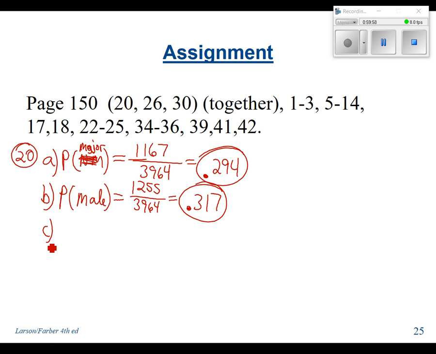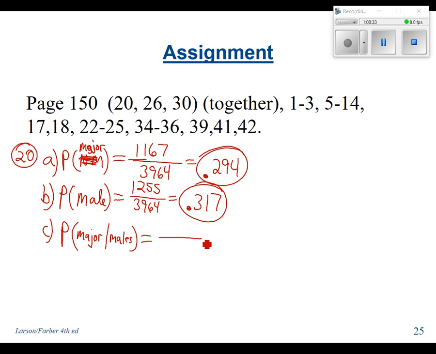68%. Letter C, find the probability a randomly selected student is a nursing major given that the student is male. So this time, now it's a little tougher. We want a nursing major, but we're only picking from the males. So given that the student is a male, what's the probability that they're a nursing major?